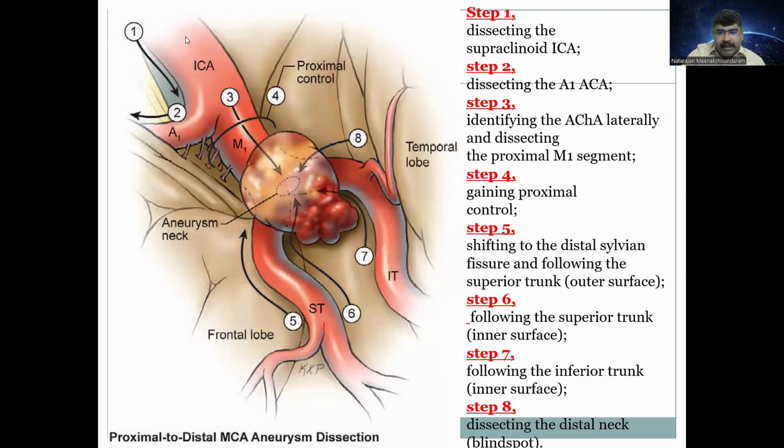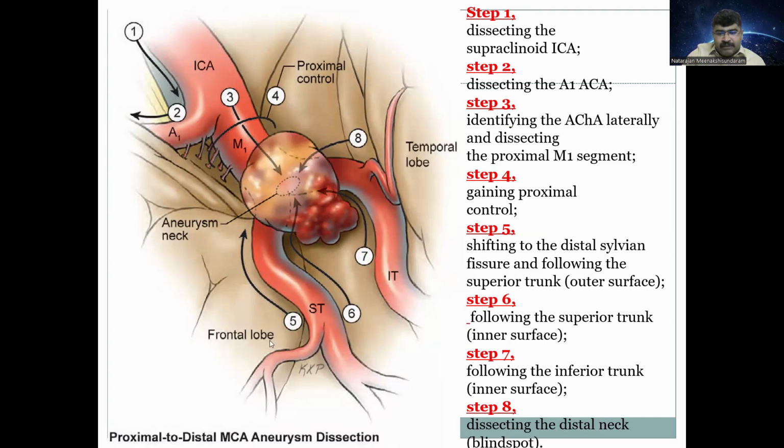Dissect along the supraclinoid ICA, then dissect the A1 ACA inferior border, and then identify the anterior choroidal artery laterally, and prepare the proximal M1 for getting the proximal control.